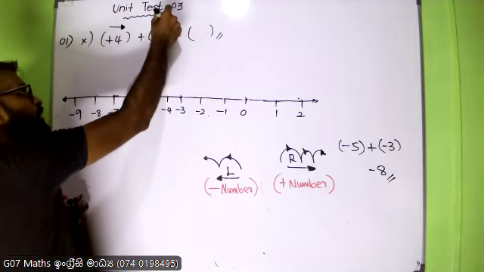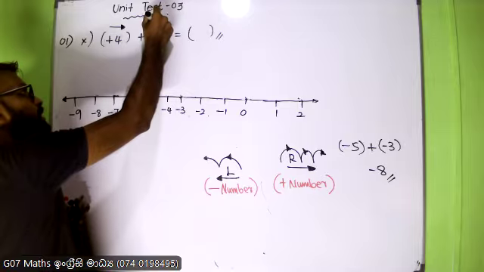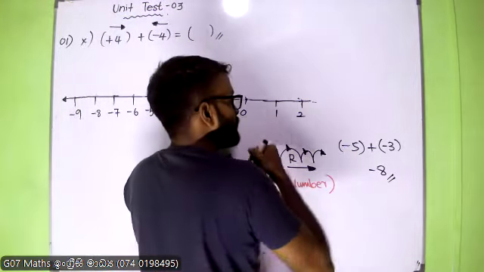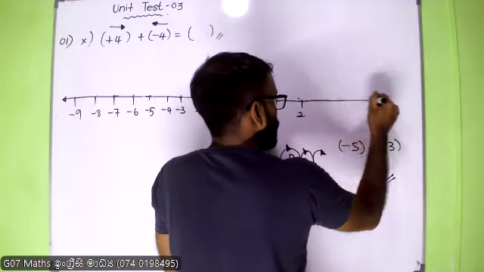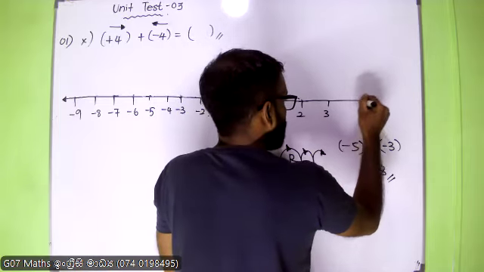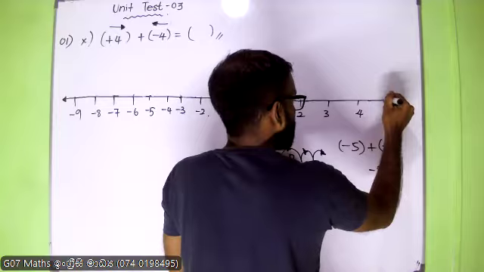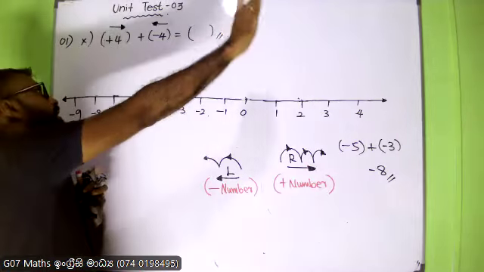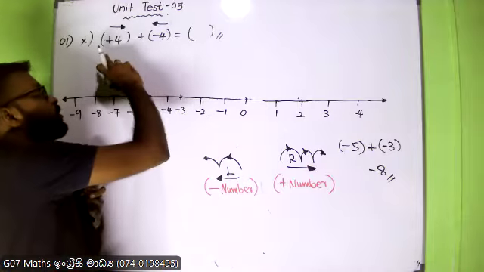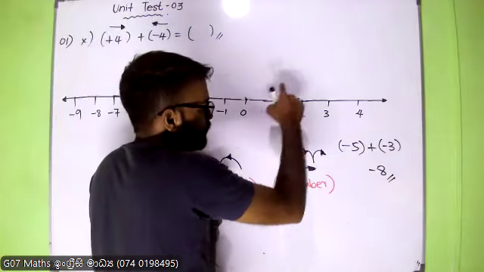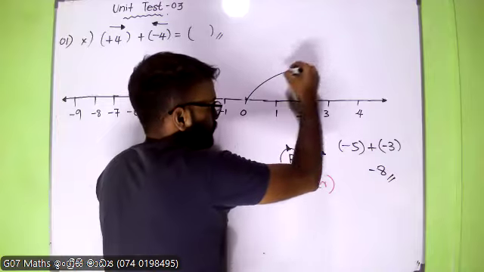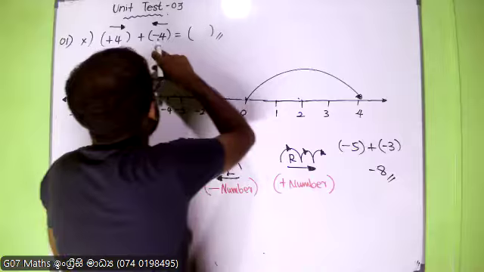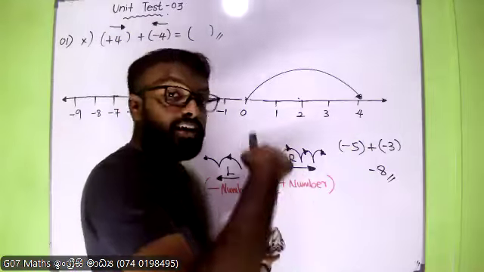This is a negative number. I am going to jump to my left hand side. So I have to extend this up to positive 4. To my right hand side, starting from 0, I have to jump 4 times. 1, 2, 3, 4.